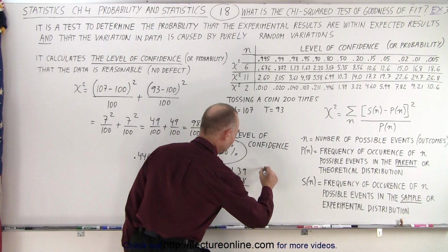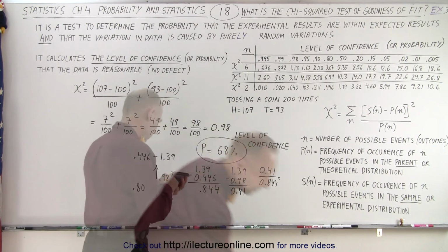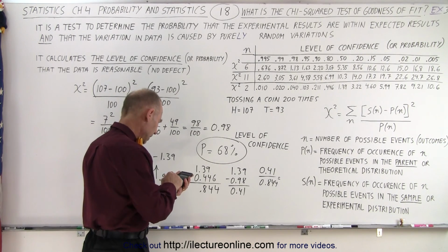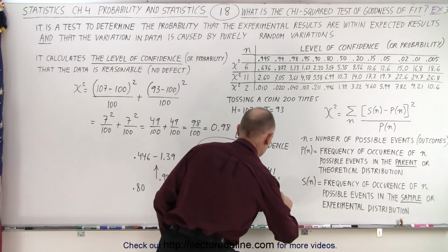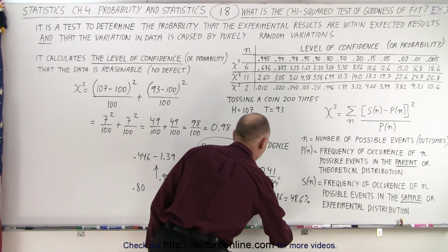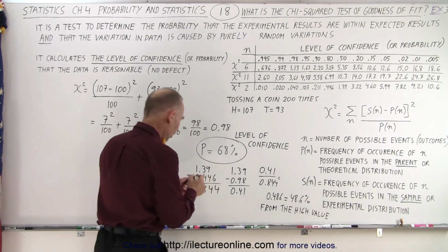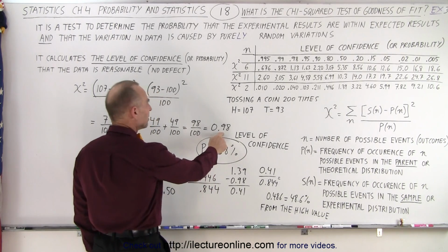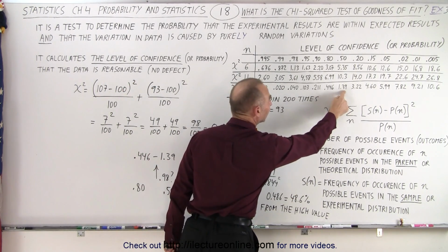The ratio is 0.41 divided by 0.844. We get 0.486, or 48.6% from the high value. In other words, 0.98 is 48.6% of the way from 1.39 down to 0.446.